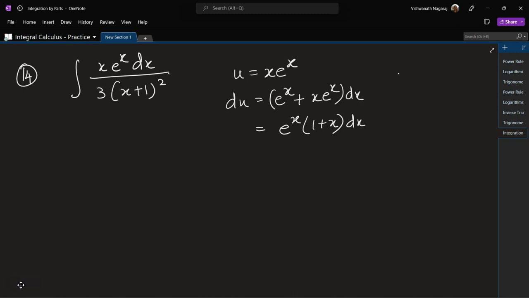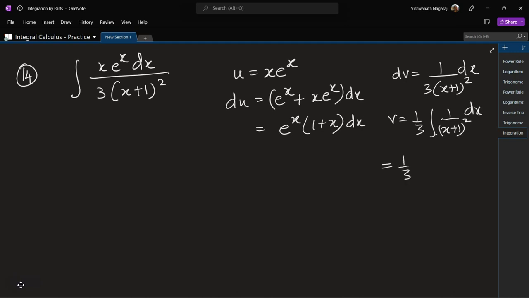And dv will be 1 by 3 times x plus 1 square dx. And if we integrate it, what do we get? We get 1 by 3 integral of 1 by x plus 1 square dx.